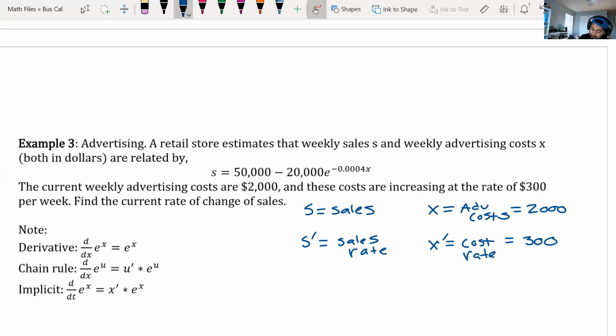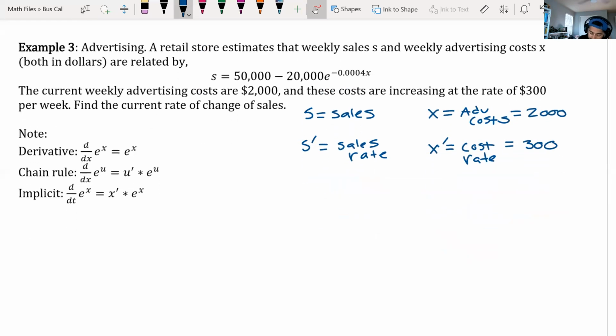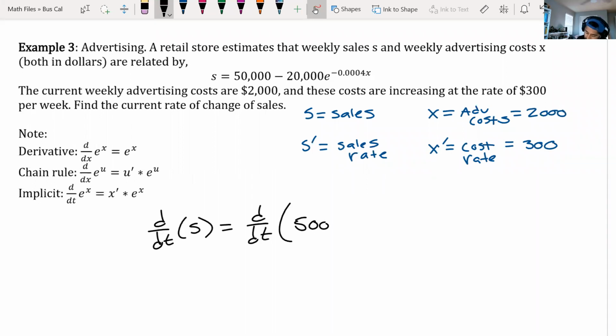So all we have to do now is take the implicit derivative of this equation with respect to time. And the left side, I'll show you how this comes in handy in a second. So let's go ahead and say d over dt of S is equal to d over dt of 50,000 minus 20,000 e to the negative 0.004x.